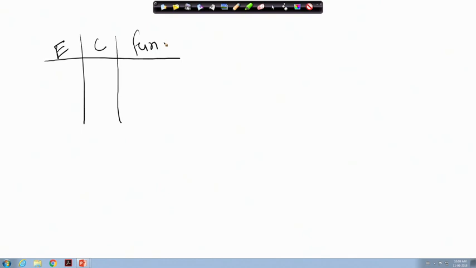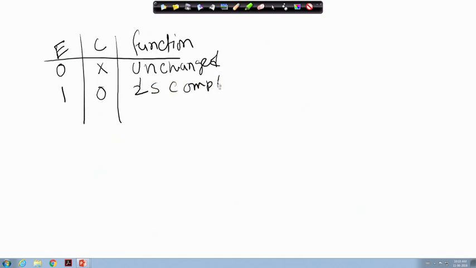Whenever E equals 0, the output will not change; it will remain the same as the input. Whenever E is 1 and C is 0, it will give me the 2's complement.